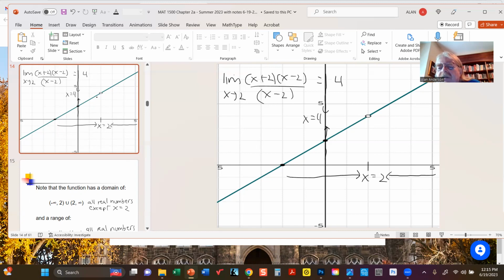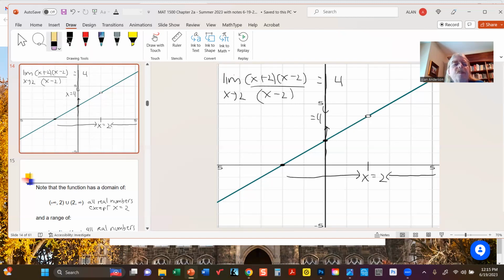So in other words, we're getting really close. The distance between x and 2 is infinitesimally small. The same thing is true of 4. Oh, hold on. I just realized this should have said y equals 4. So therefore, the limit is equal to 4.